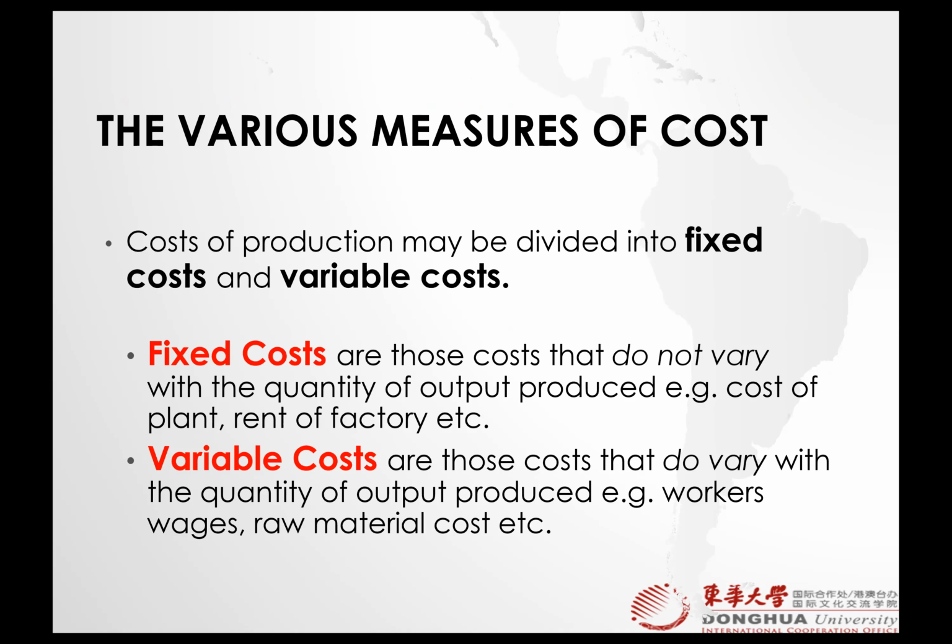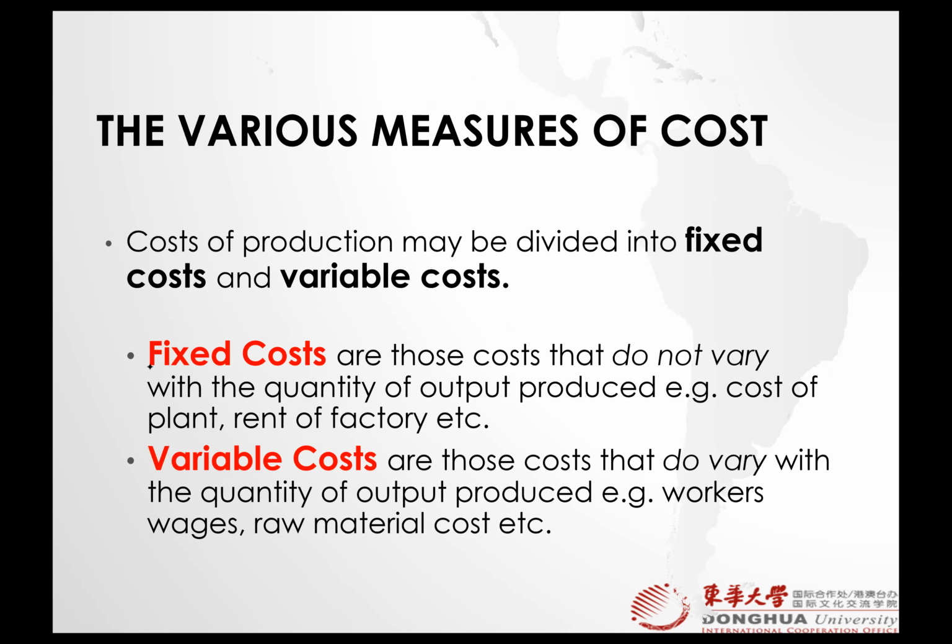We also talked about the various measures, fixed cost and variable cost. Fixed cost does not vary with the level of output, for example, rent of a factory, right? Whether you produce 1 million units or 2 billion units, the cost remains the same. Or if you produce nothing, even then you have to pay.